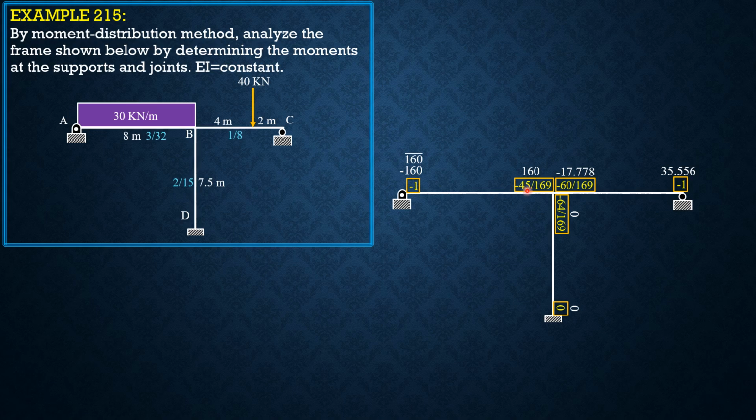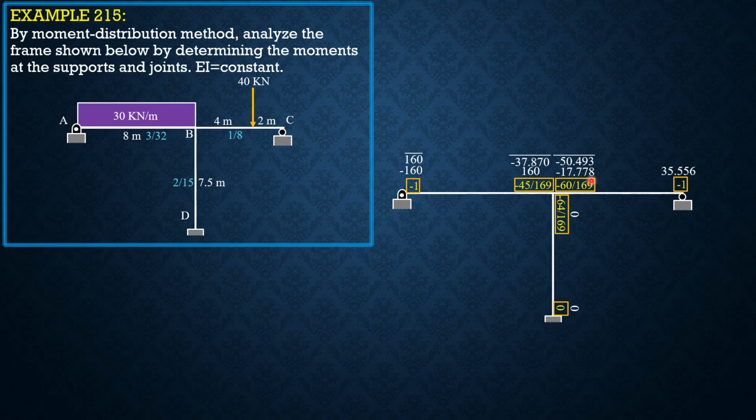Then lock. Quantity 160 minus 17.778 times -45 over 169 is -37.870. So lock, replace -45 by -60 in the calculator. So -50.493.